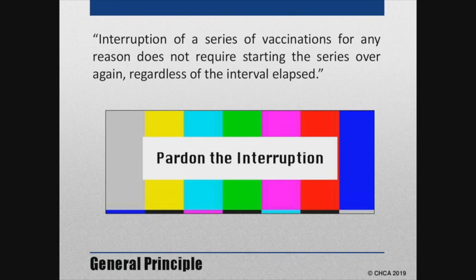Interruptions within a vaccine series shouldn't be a reason to restart it. Certainly, if a patient has identified that they've received immunizations and we have documentation, then we would not need to repeat them. Now, the question lies when a patient says they've received them, but we don't have documentation. There is a possibility that they may not, in fact, be immunized for it.